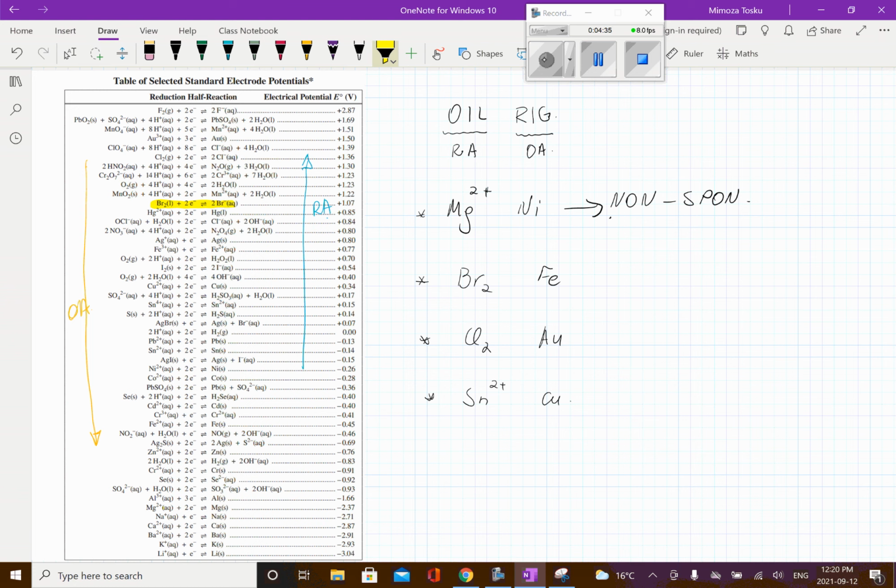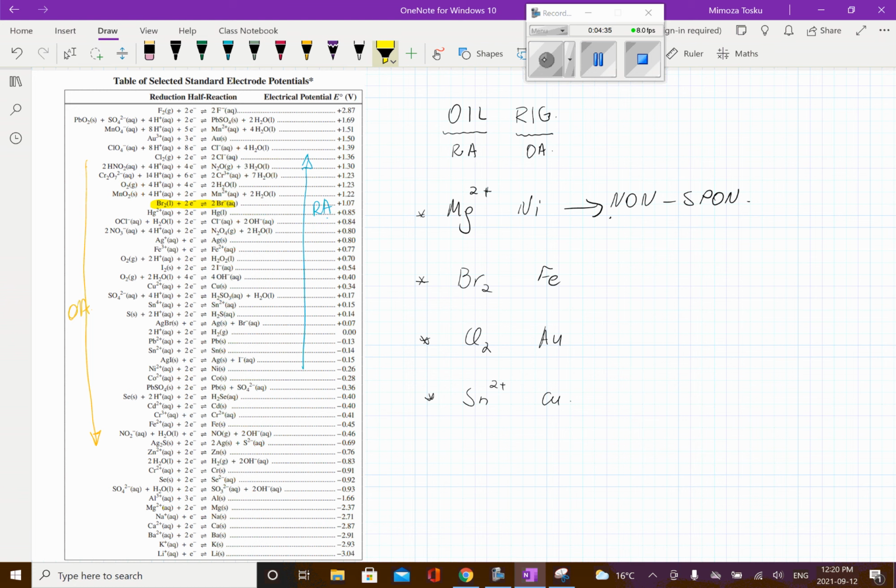So that means we ignore this one here, and we take this reaction into consideration and say that since the drop is not natural, because we move from the oxidizing agent to the reducing agent and the drop is non-natural, it is non-spontaneous.